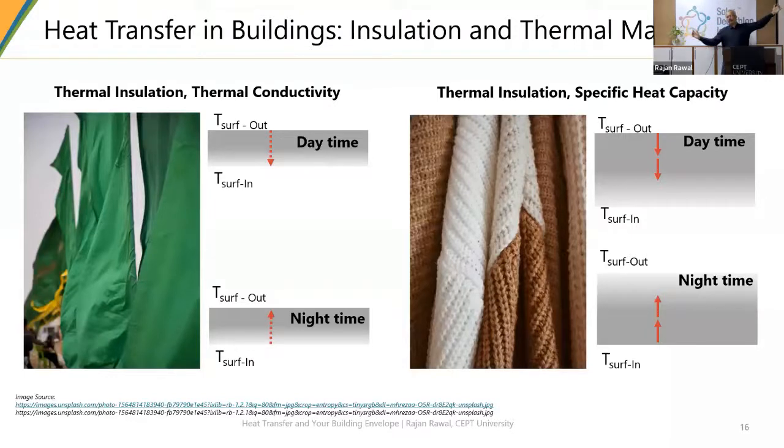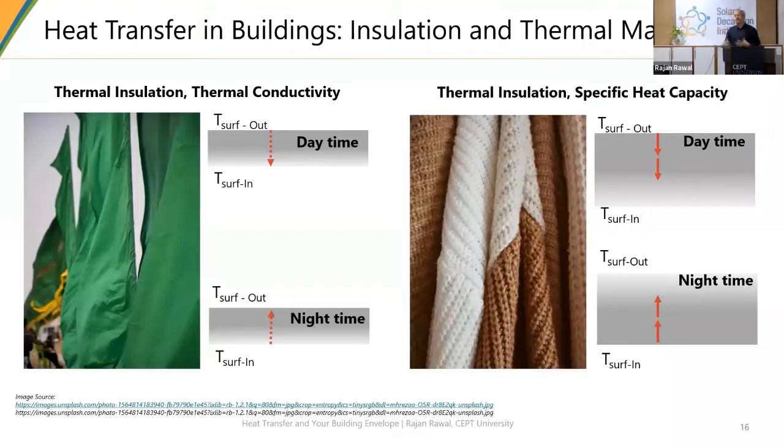From outside, heat will come in during the daytime, and as you know, heat will transfer from the higher side to the lower side. The inside temperature is low, the outside is high. Heat will start coming in, but before it reaches the internal surface, the outside temperature drops and heat will start going out. That keeps happening because of the thick stuff. The internal temperature doesn't go up.